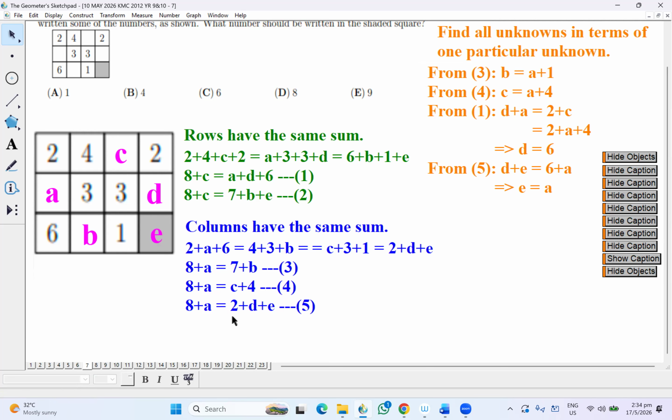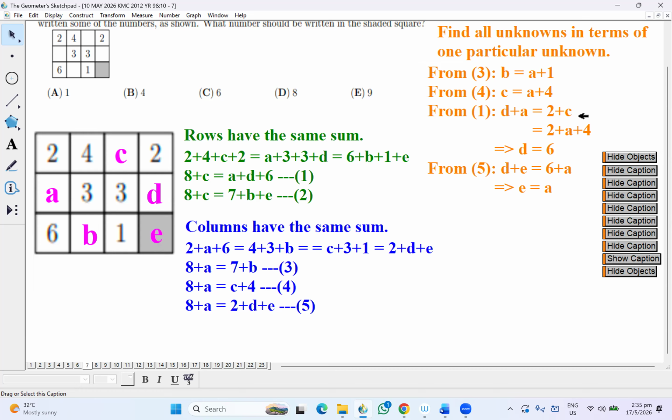Here, D plus E, from equation 1, I use this one. A plus D is C plus 2, because we have A there.